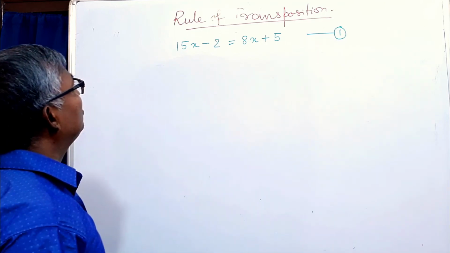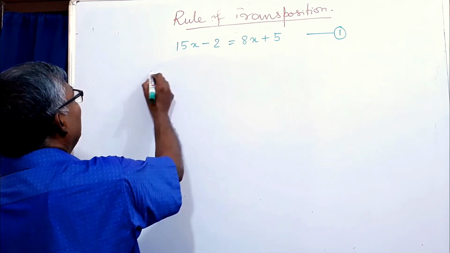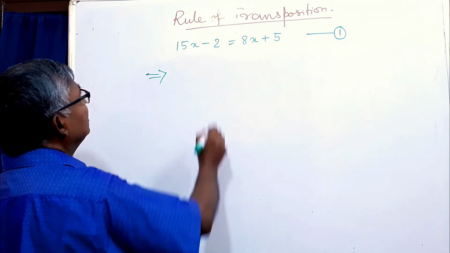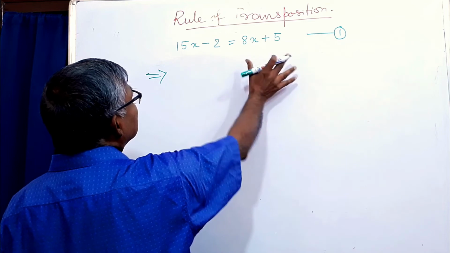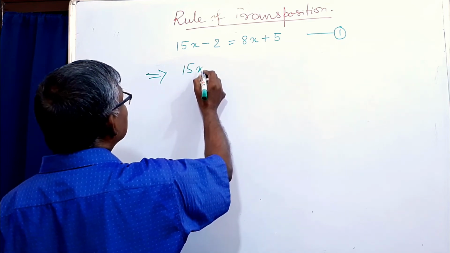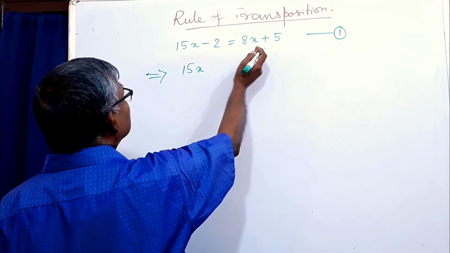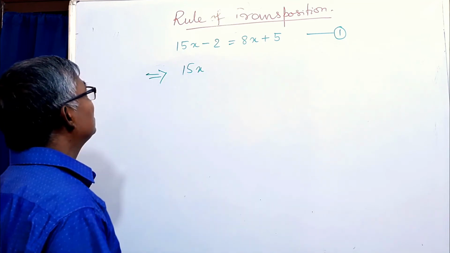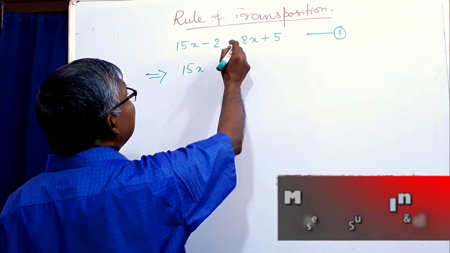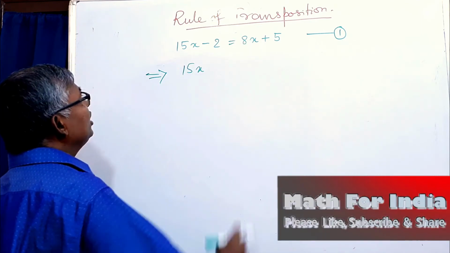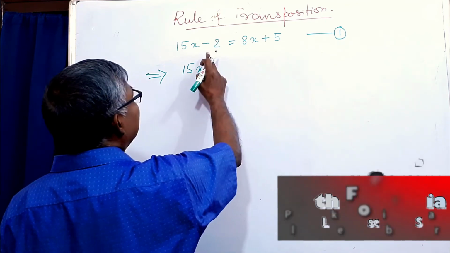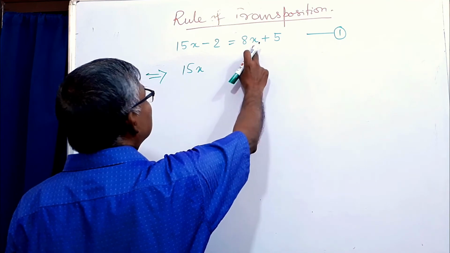By the rule of transposition, we simply transpose equal terms. Here 15x and 8x should be transposed to the left hand side with the change of sign. It is the rule. While you are transposing any term to the other side, the sign will be changed.